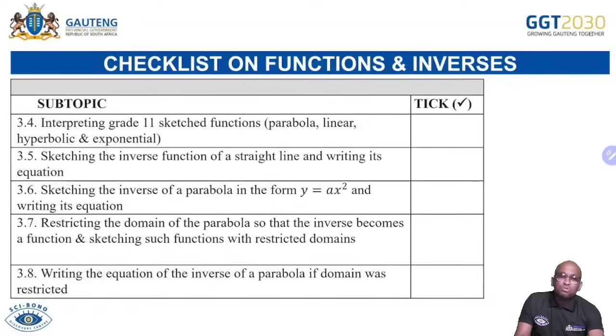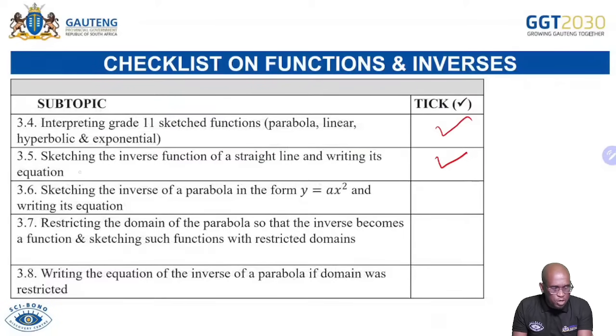Then you should be able to interpret grade 11 sketched functions, all right? There are questions that are derived from the function sketched, and you should be able to answer them, all right? And then you should be able to determine the inverse, sketching the inverse function of a straight line and writing its equation.